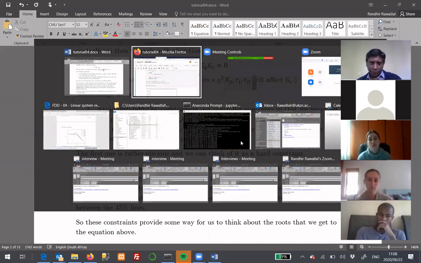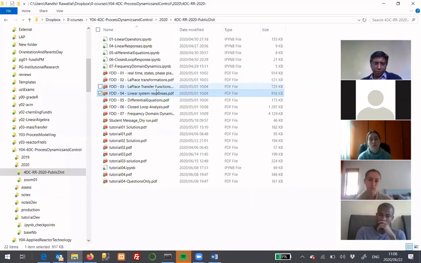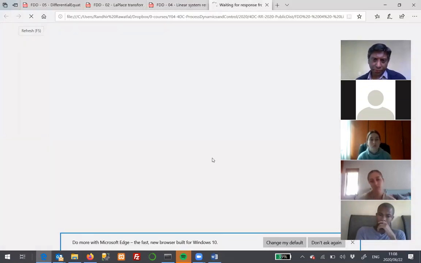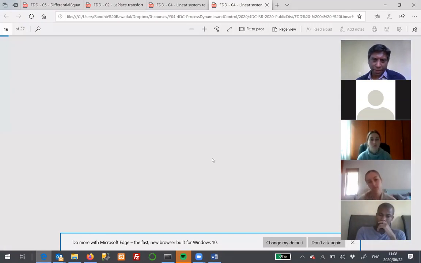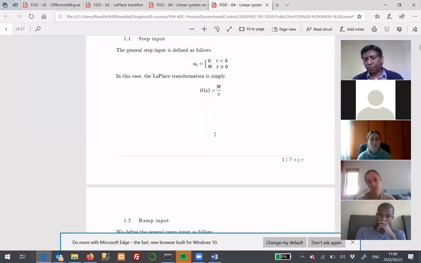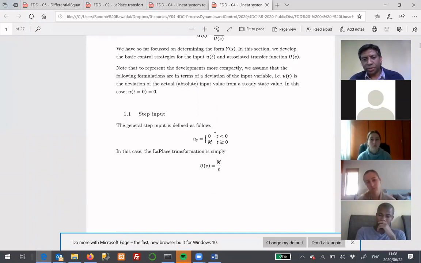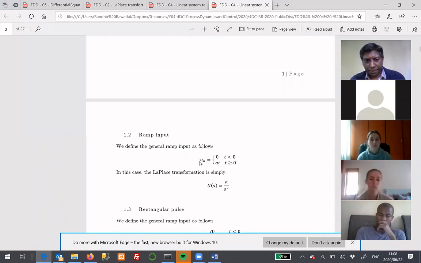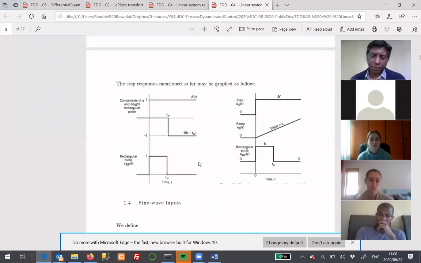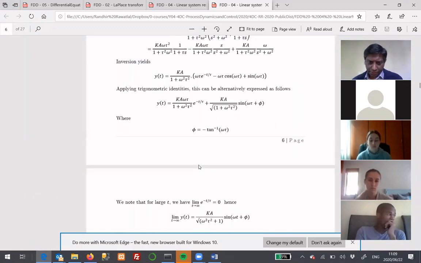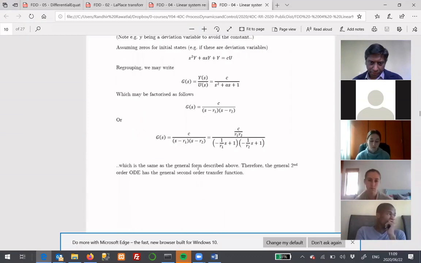So if you go over to linear system responses, that's notes 4, you'll find this section. So we had talked here about applying a step input and a sine wave and so on. So if you look around, just looking for it.